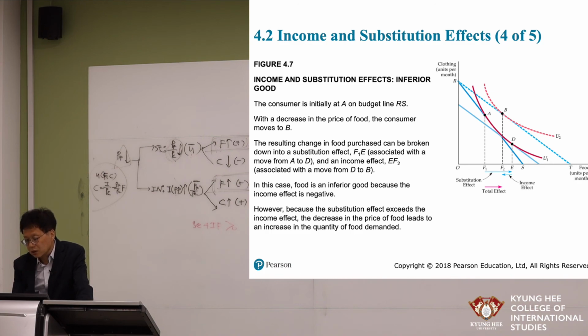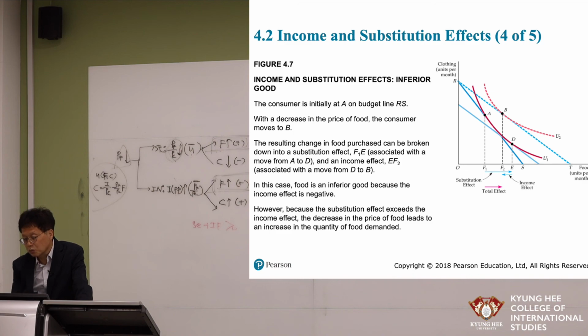This one and this one have the same slope, the same relative price, right? Relative price is constant, but your purchasing power increases, so the utility level increases. That is movement D to B. Then what happens?